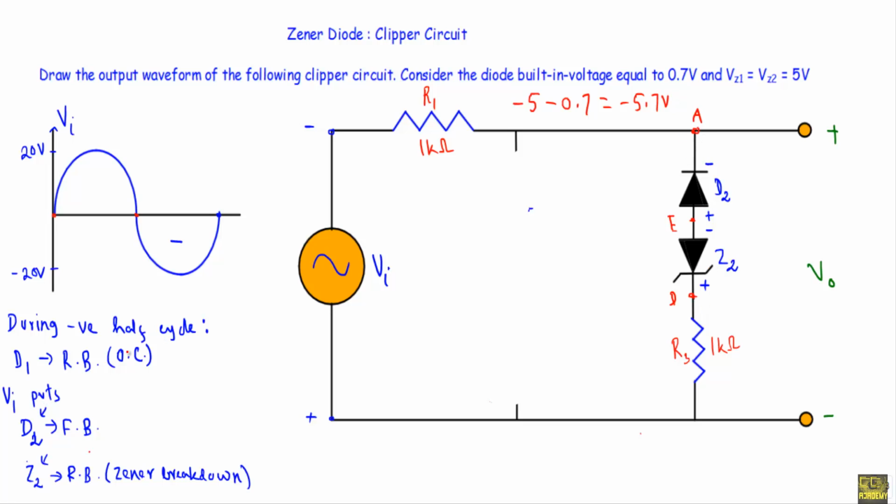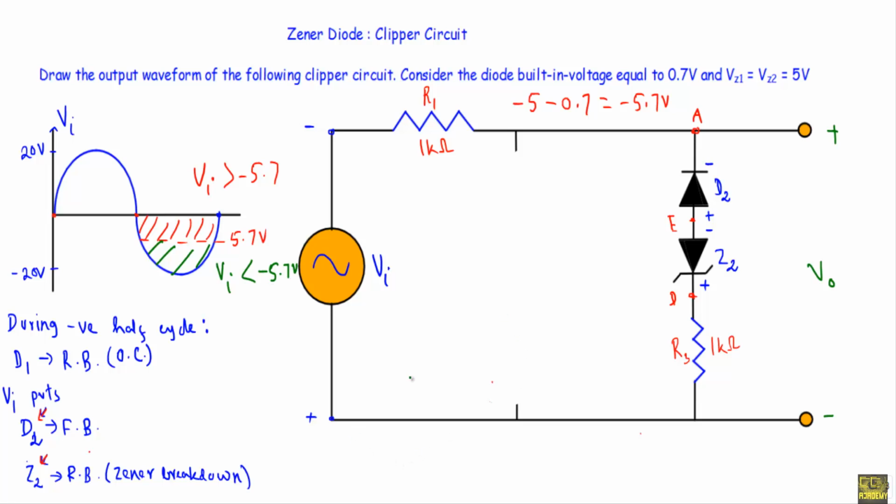If I want conduction through the diode D2 and the Zener diode Z2, there will be a threshold for the current conduction through this branch. Let's say this is -5.7 volt. This region will indicate when Vi is greater than -5.7. This region will indicate when Vi is less than -5.7 volt.